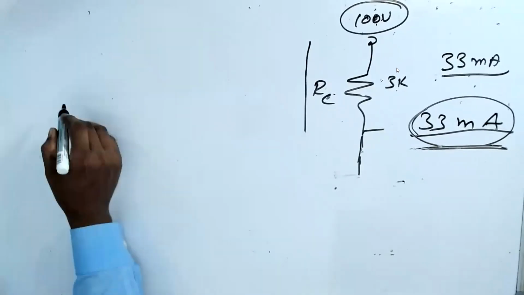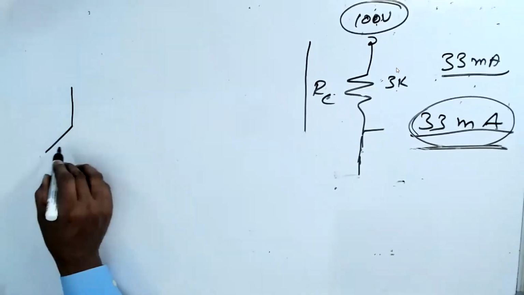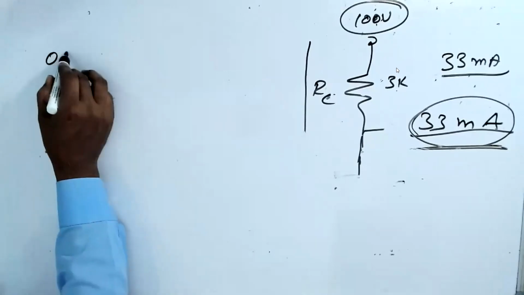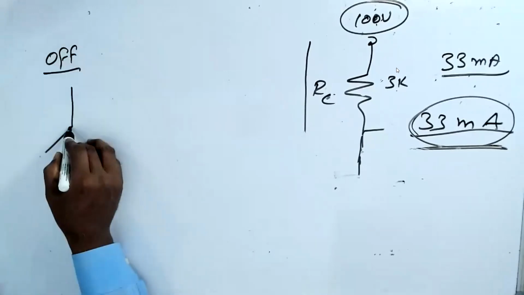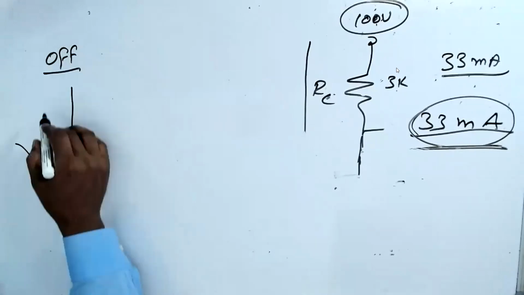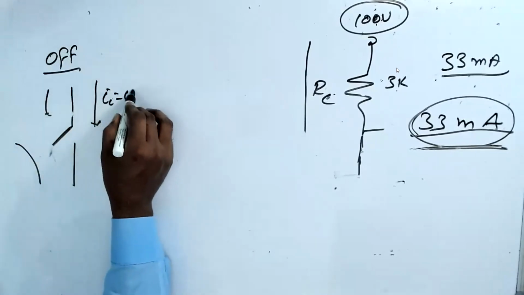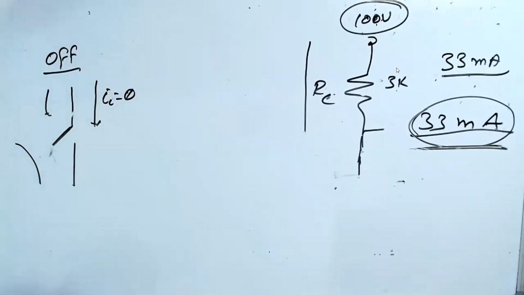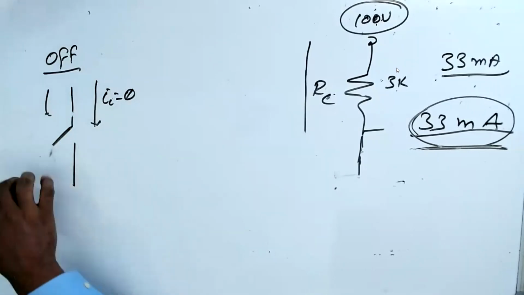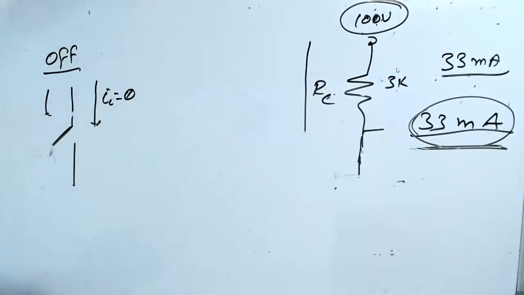When it is cut off, that is off. The transistor does not conduct any current. So IC is equal to 0. IC is 0 because there is no base current. Because you gave less than 0.7, IC is 0.